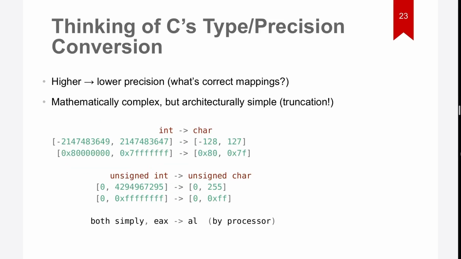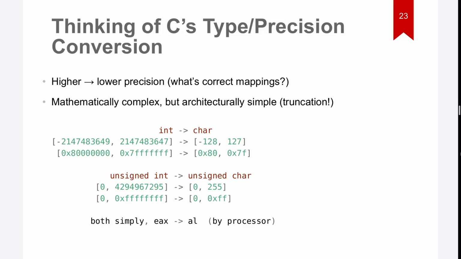From higher to lower precision, that becomes a little more challenging because we cannot represent the entire range in that smaller type. Architecturally, it's simple. We can just truncate what's in front, and that is basically a modulo operation.